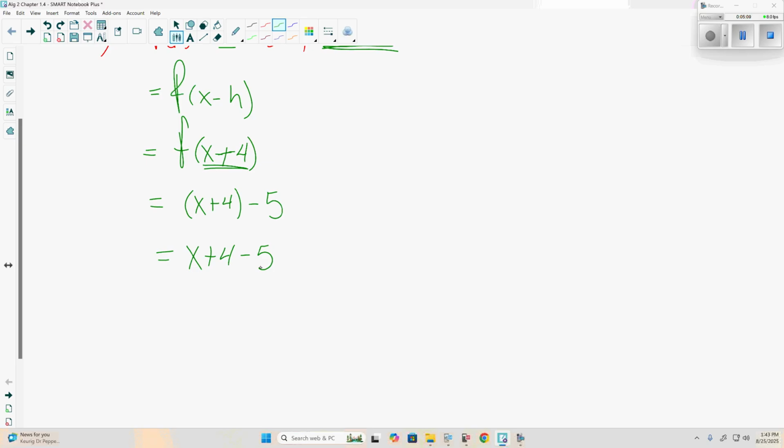4 minus 5 is what? So our new function should be x minus 1. That's number 3.